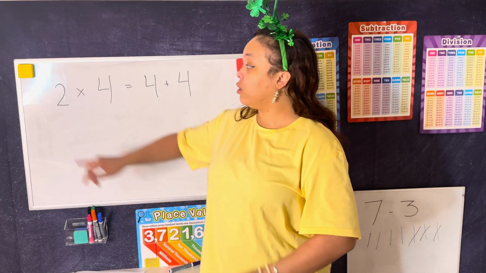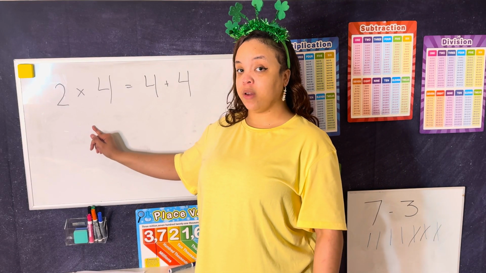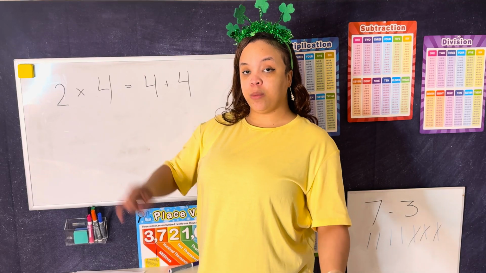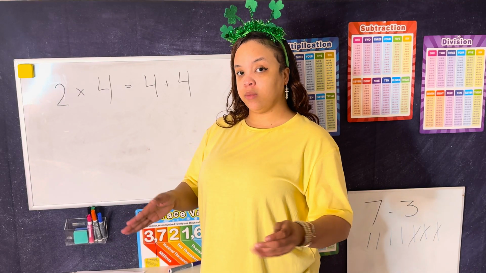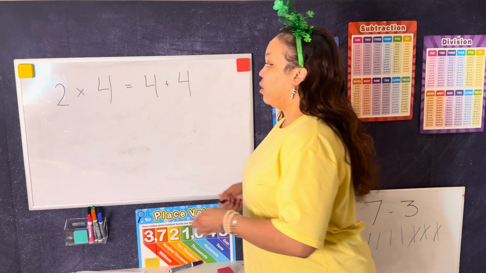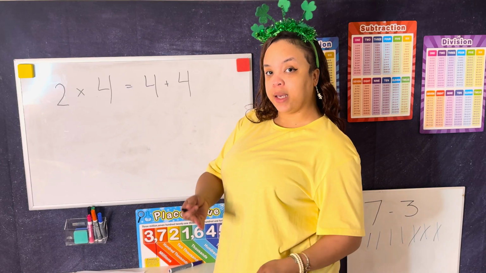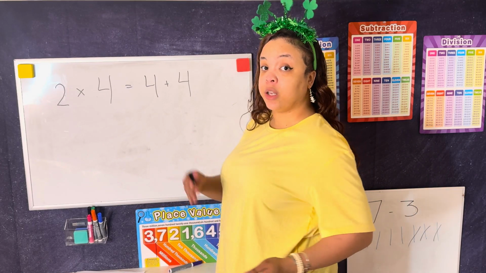If you have 2 times 5, it's 5 plus 5. If you see anything times 2, double the number, add the same amount. So 2 times 10 is going to be 10 plus 10. 2 times 30, 30 plus 30.